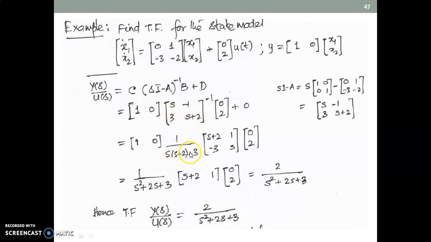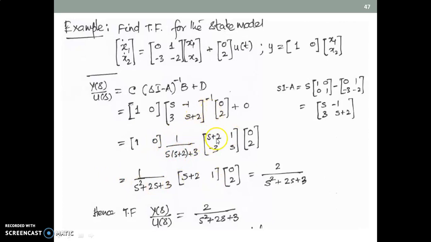Then you get D, that is s plus 2, here minus B, minus of minus 1 gives plus 1, and here minus C, which is minus 3, and here A, which is s. Very simple. The remaining part is the same. Now multiply with this and then with this, or take the determinant factor outside and find it finally.